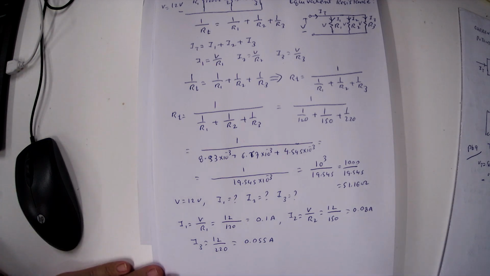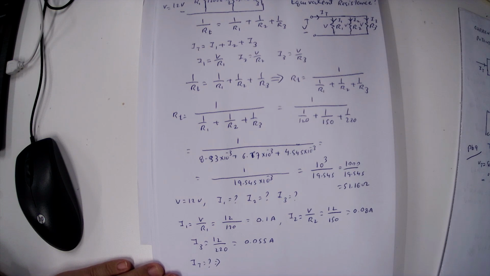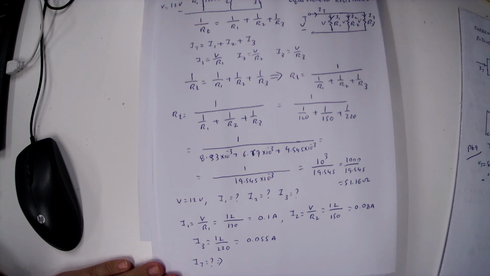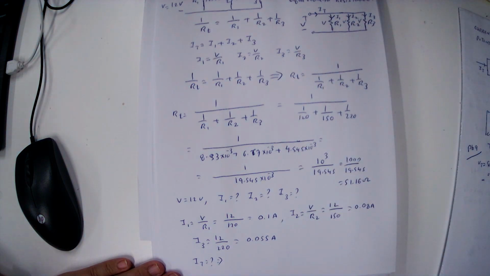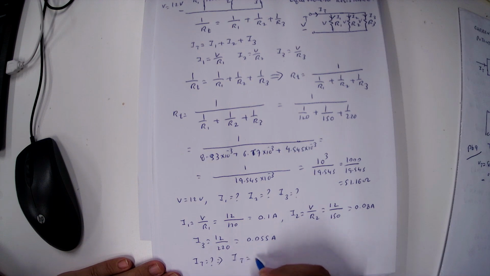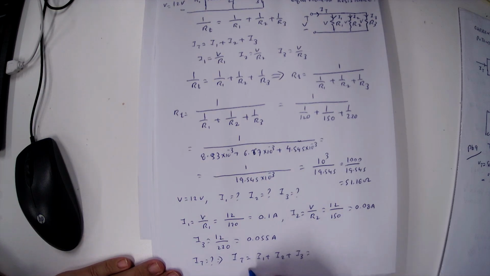We can also calculate the total current IT. Because of the parallel connection, IT is equal to I1 plus I2 plus I3. We substitute the current values: I1 is 0.1, I2 is 0.08, I3 is 0.055.